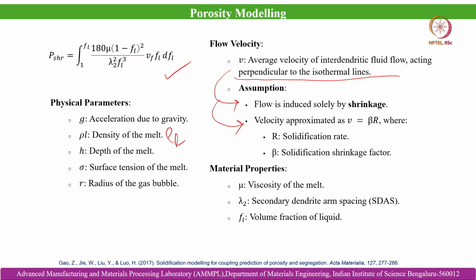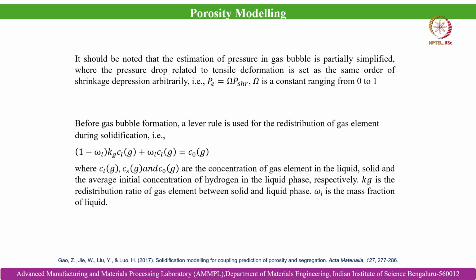Please correct it, it should be P epsilon. P epsilon is equal to omega P shrinkage, where omega is a constant ranging from 0 to 1.